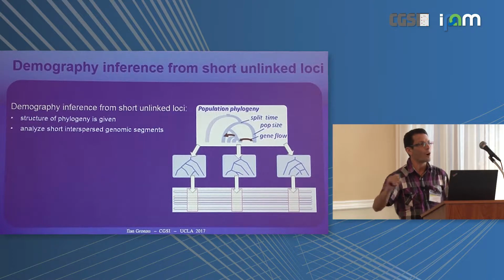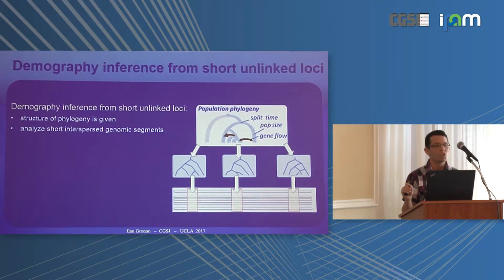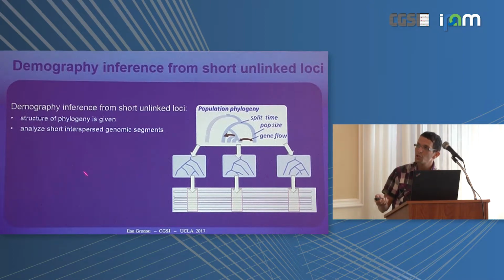So you don't have to model the very intricate process of recombination. You just assume that at each locus you're analyzing there are no recombination events, so there's just a single tree, and there are sufficient recombination events between loci so that you can assume the trees are independent.